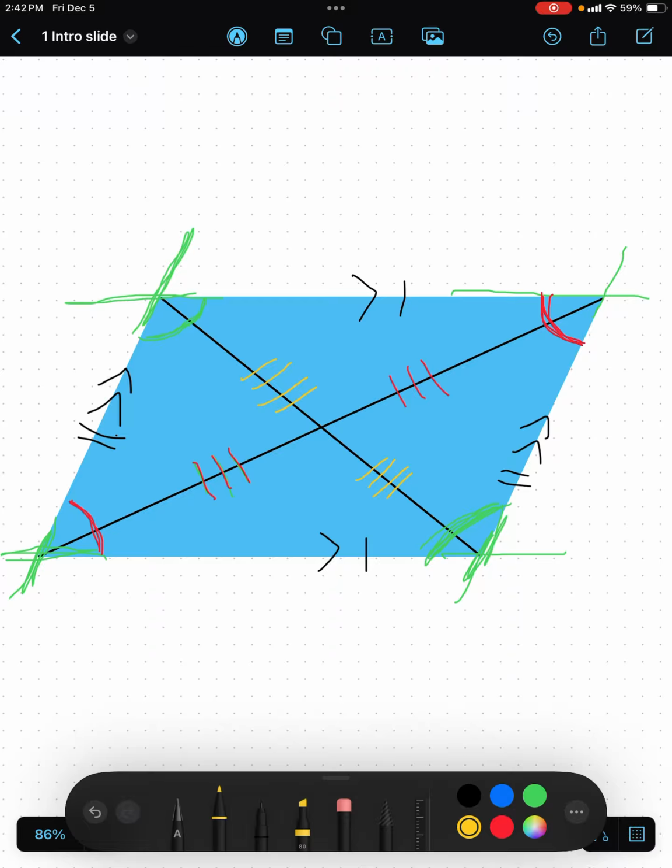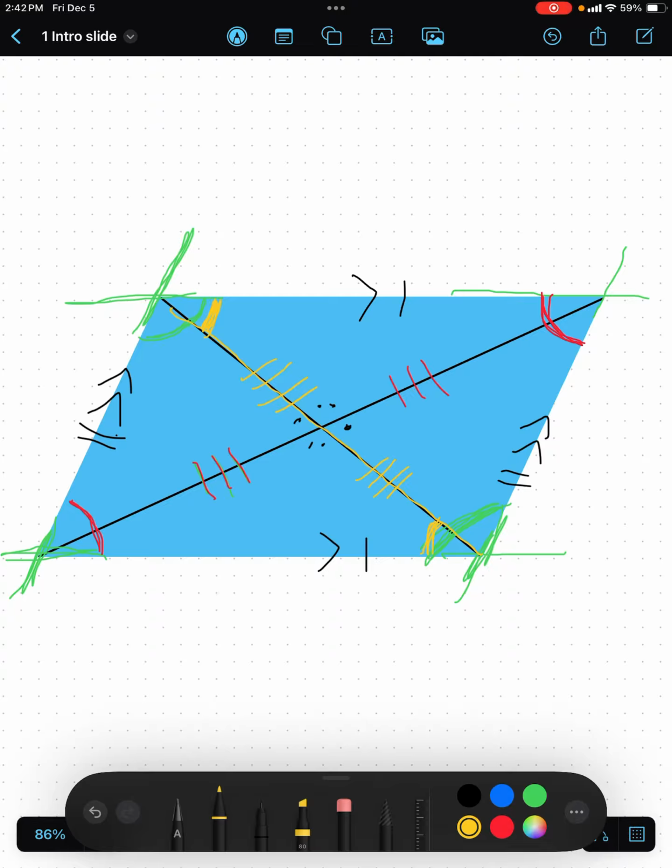And of course, we have some vertical angles here in the middle that are congruent. We also have alternate interior angles. This is a big deal as well, where this angle here that I'm marking in yellow is alternate interior along this line with this part here.